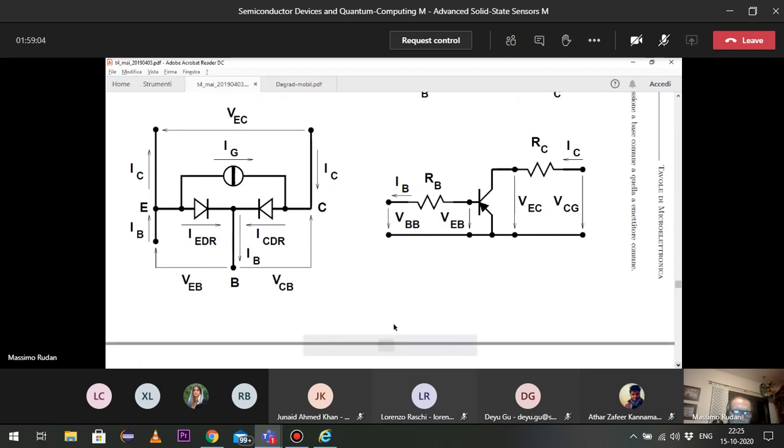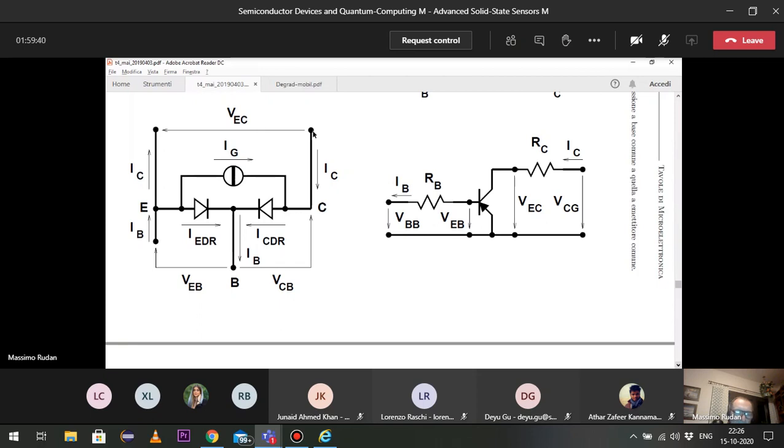If you look again on the left, it is the same as above, but the contact of the emitter has been elongated upwards and downwards, okay, to better evidence the new voltage VEC. And also the collector contact has been simply elongated graphically upwards, okay?